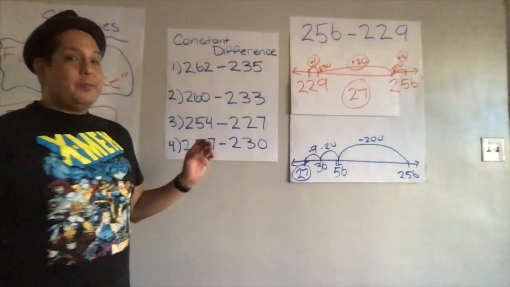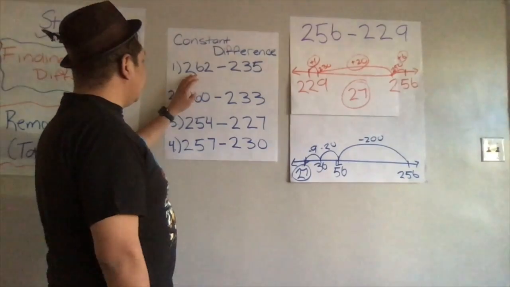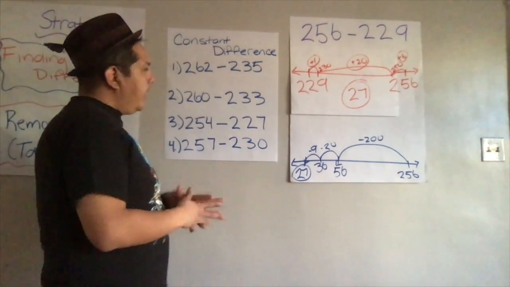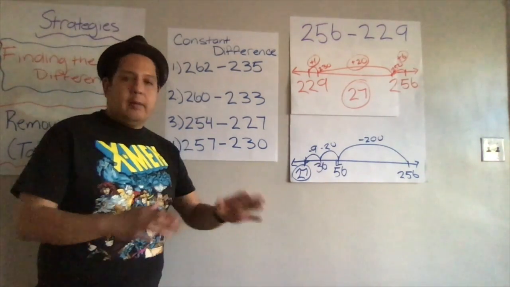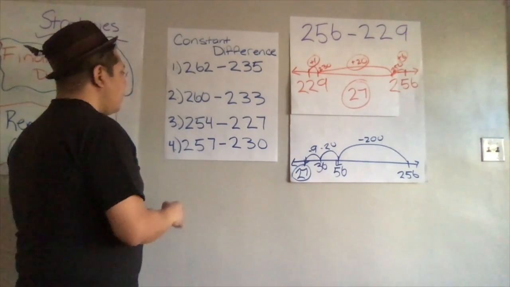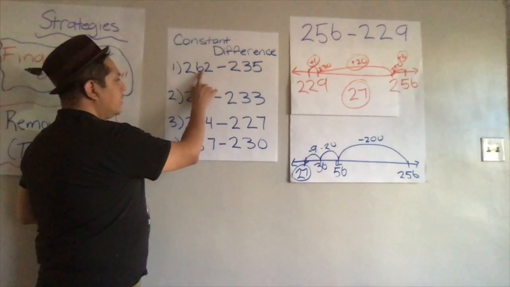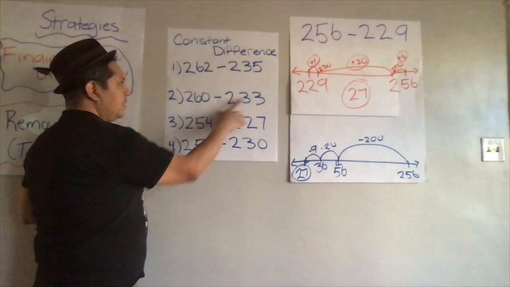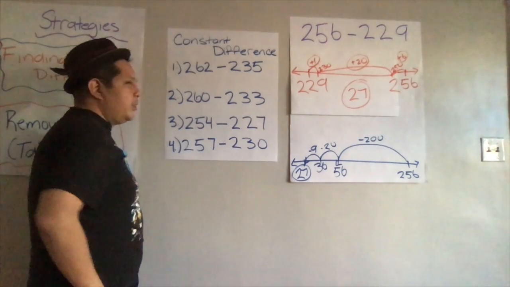As you were taking a look at some of these numbers, you guys started to see the first one was 262 minus 235, and you're like, all right, I can do this. During our number line, you figured out that your answer was 27. For the next one, you notice that this first digit went down by 2 numbers, and the second digit went down by 2 numbers as well.